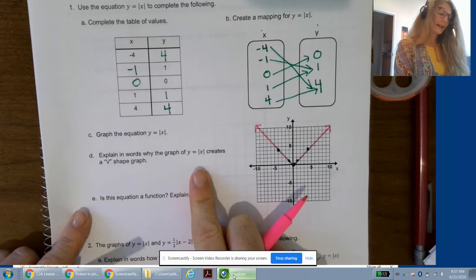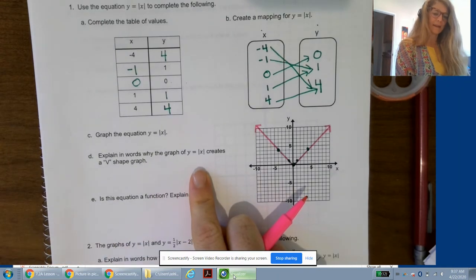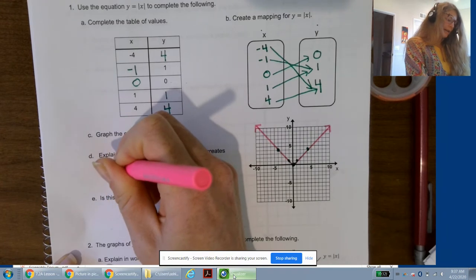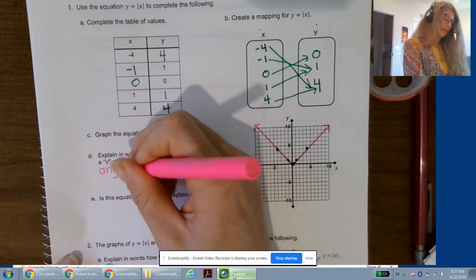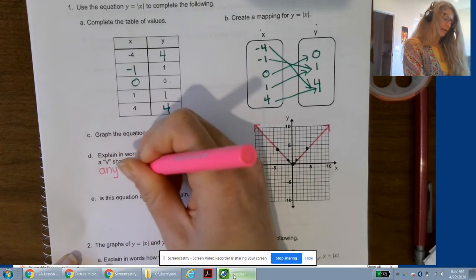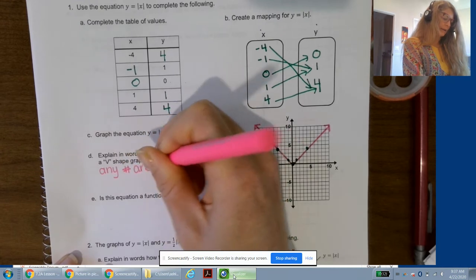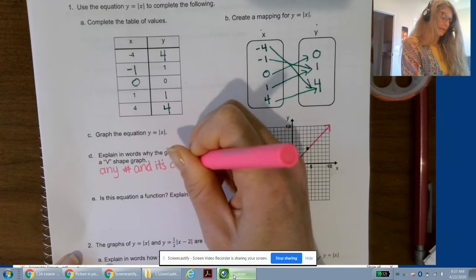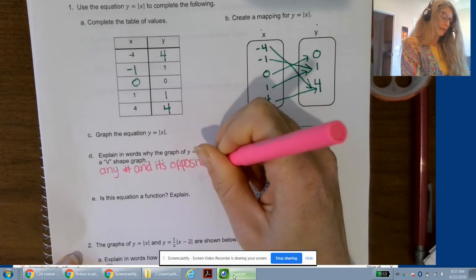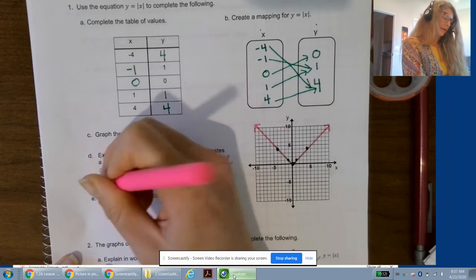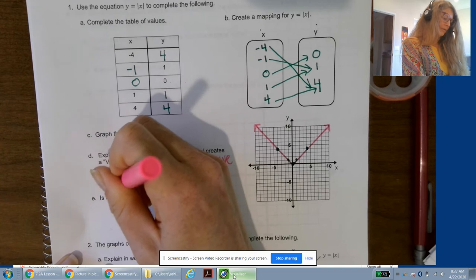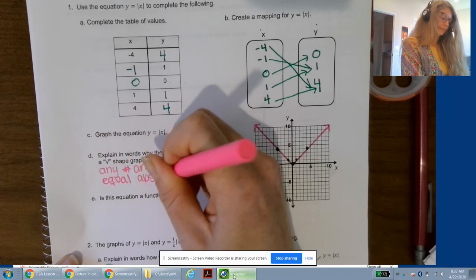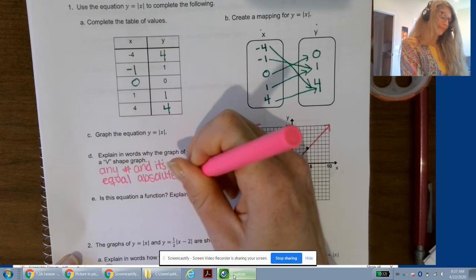So why is this graph a V? Well, that's because any number and its opposite have equal absolute value.